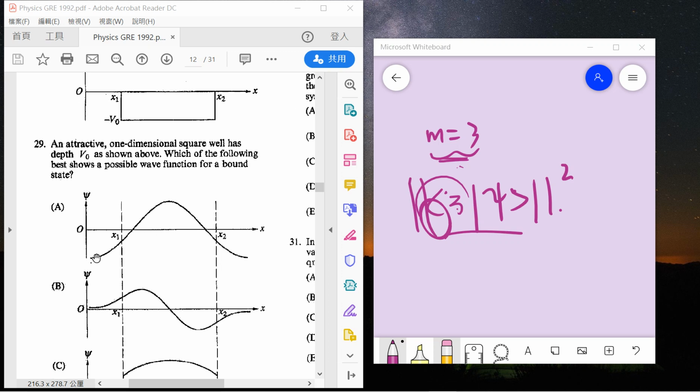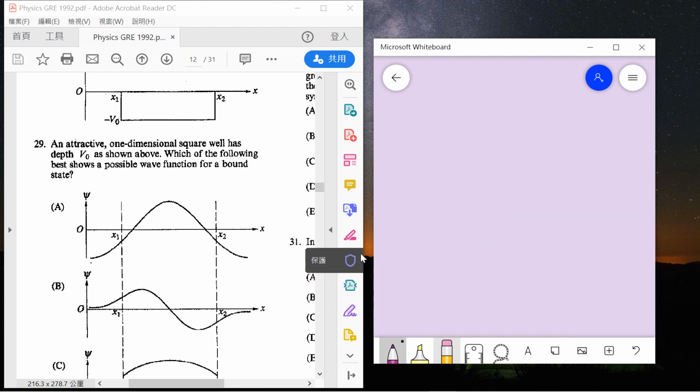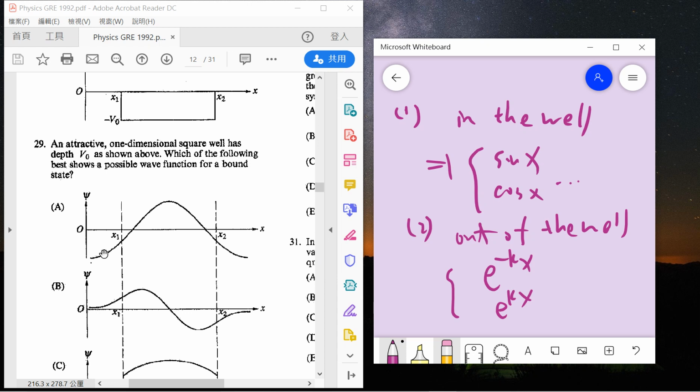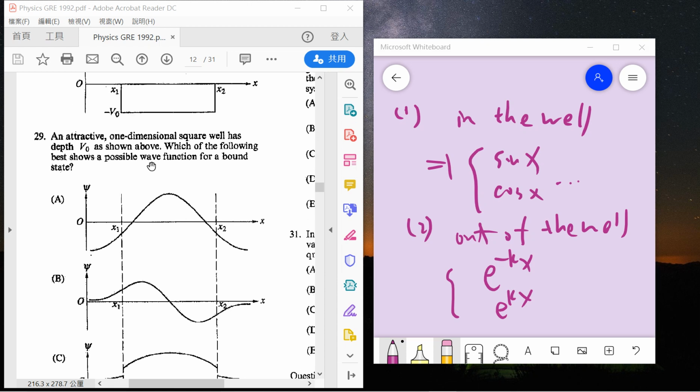So the first one is not okay because out of x1, x2 there's no exponential decay. Let me summarize. In the well, you should have sine x, cosine x. Out of the well, you should have this one. So the first one is not okay because it goes to infinity, so the wave function cannot be normalized.